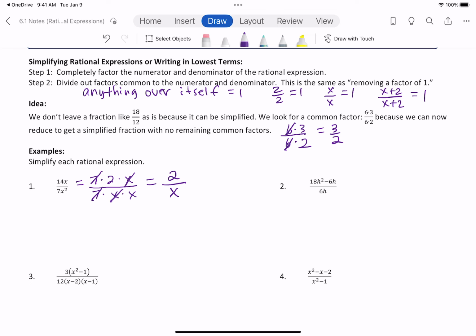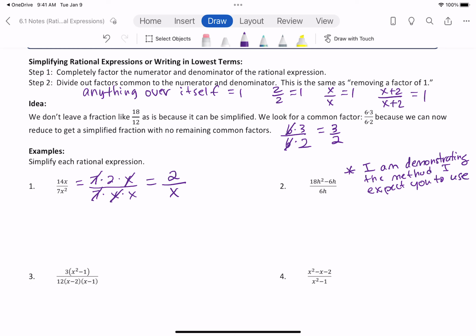Now for number 2, I really want you to pay attention to this one. I am demonstrating here the method I expect you to use.